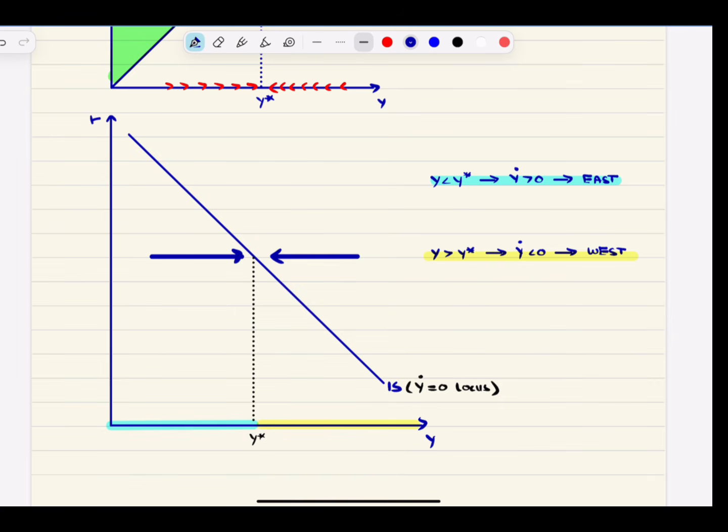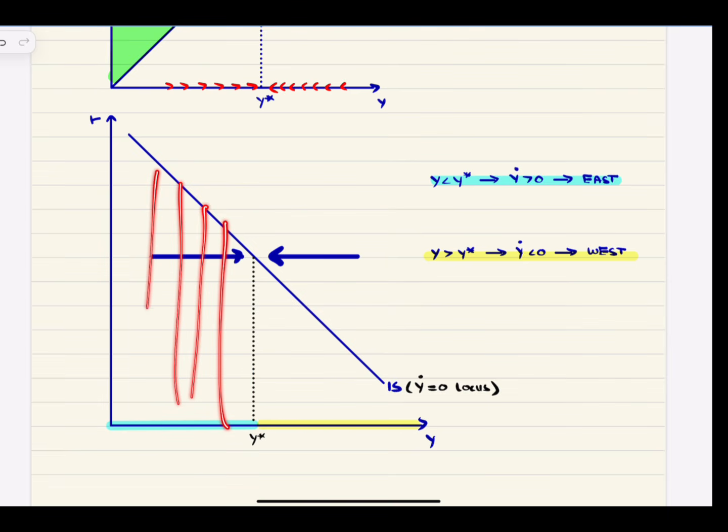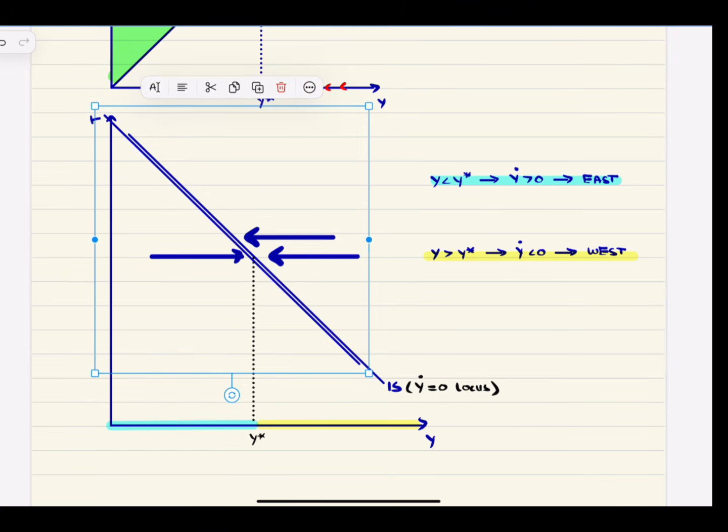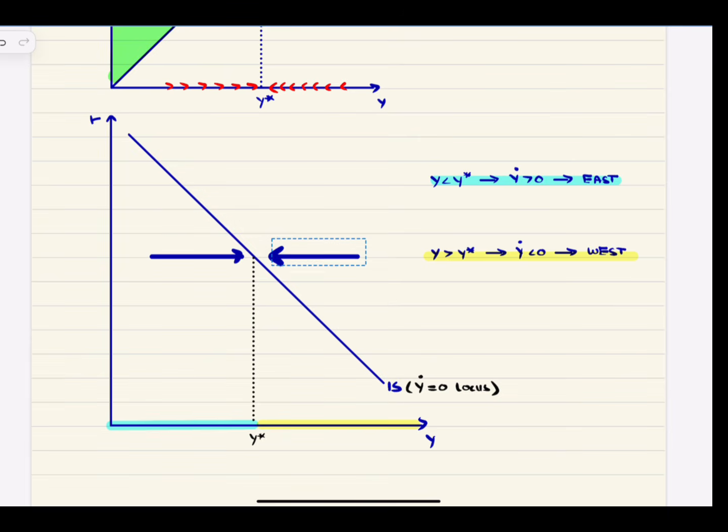Okay, I told you guys that all points on the IS curve are in fact equilibrium. So this y star is on all points. Therefore, if we analyze each and every point, we're going to be left with the same directions.